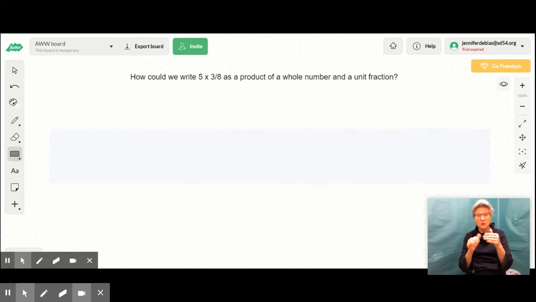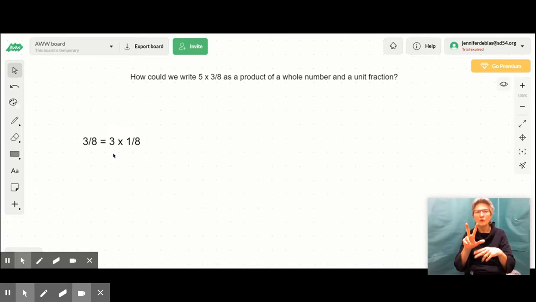So here I have typed out, we have 3/8 equals 3 times 1/8 because my whole number is 3. My unit fraction I know is 1 part of the whole, which is 8 parts, so 1/8. So 3 times 1/8. But that's just representing 3/8, just as I typed here.